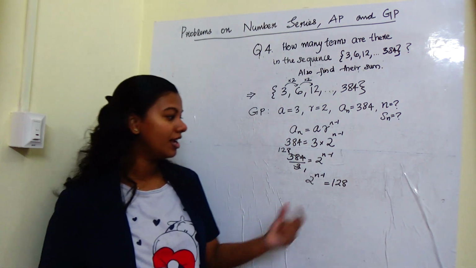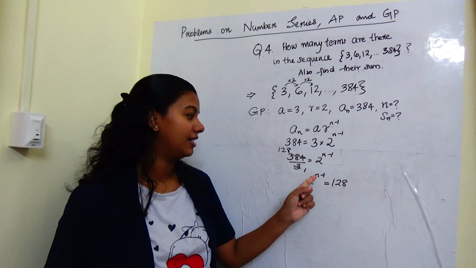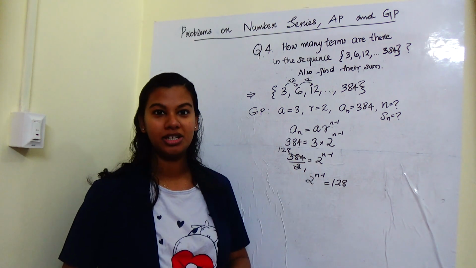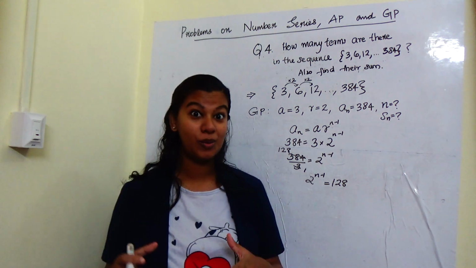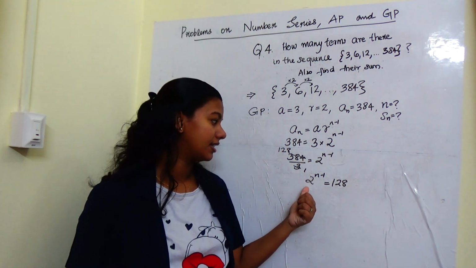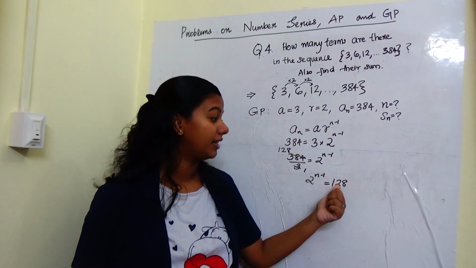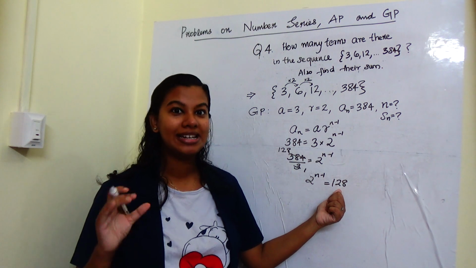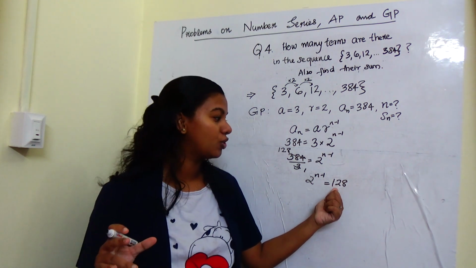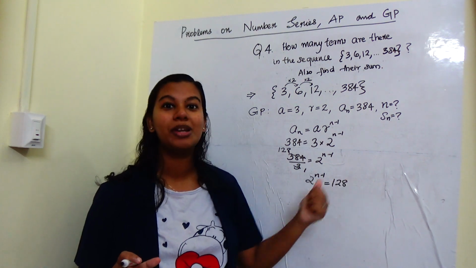128. Now we have to find the value of n, but it is in the power. So how can we find the value? What we have to do is, on the LHS it is 2 raised to a value, so if we make the RHS also in a similar pattern, that is 2 raised to a value, then these two powers will be equal.